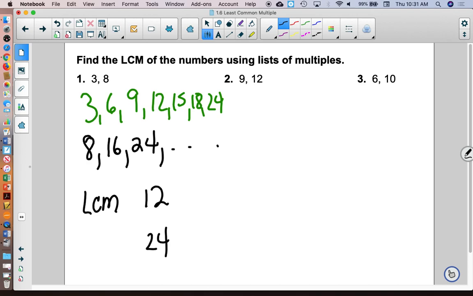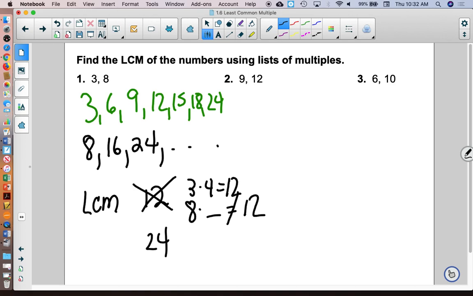I can say 3 times 4 equals 12, that's true, and 8 times something equals 12, that is not true. Therefore, it couldn't be the number 12.